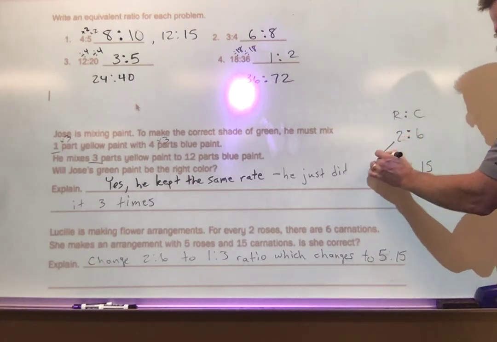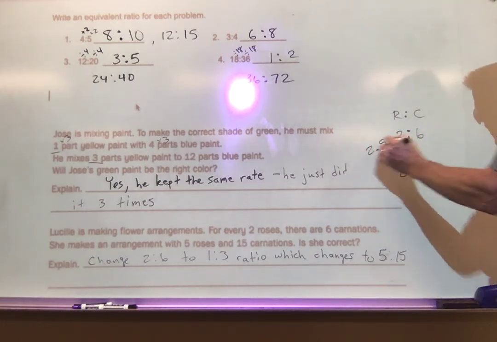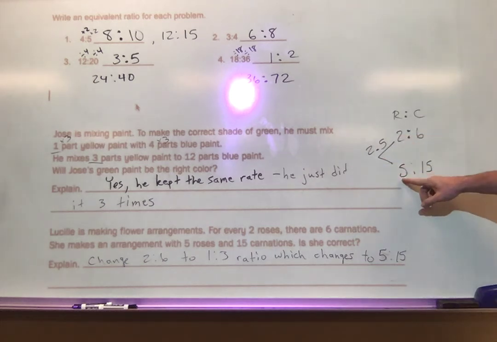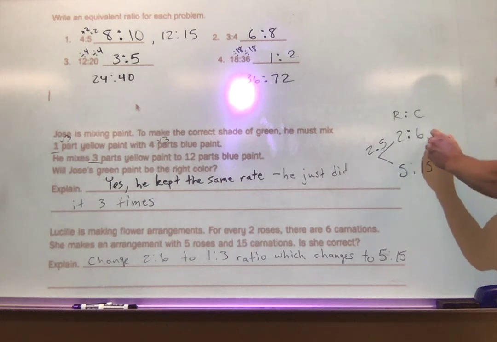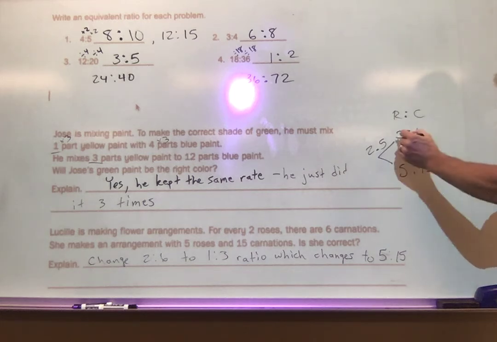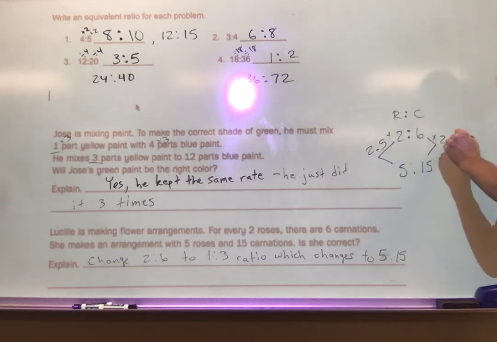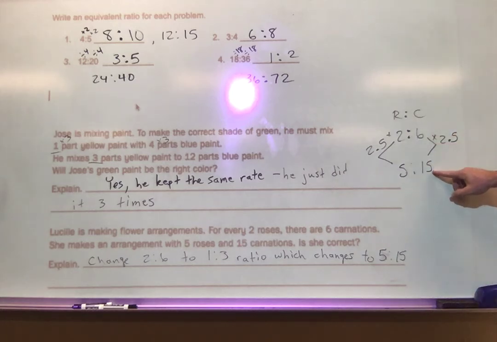So actually, if I took 2 times 2.5, it gets to 5. If I did this rate 2.5 times, and if I also did 6 times 2.5, it does get to 15. So a little more complex way to think about it.